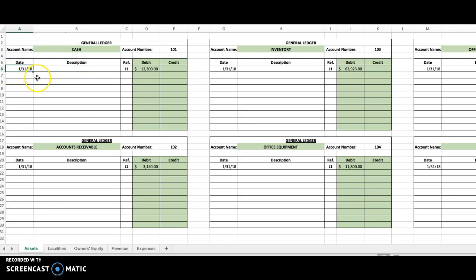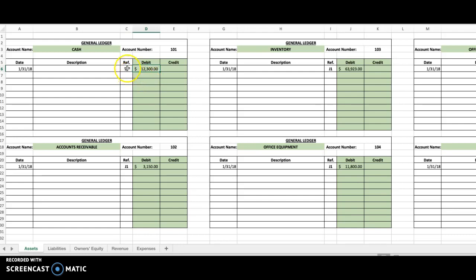So as of January 31, 2018, we had cash in the debit column, which is the increased side, if you remember, thinking back to the T accounts. The increased side of any asset is the debit side. So we have cash in our business as of this date, January 31st, this amount, $12,300.